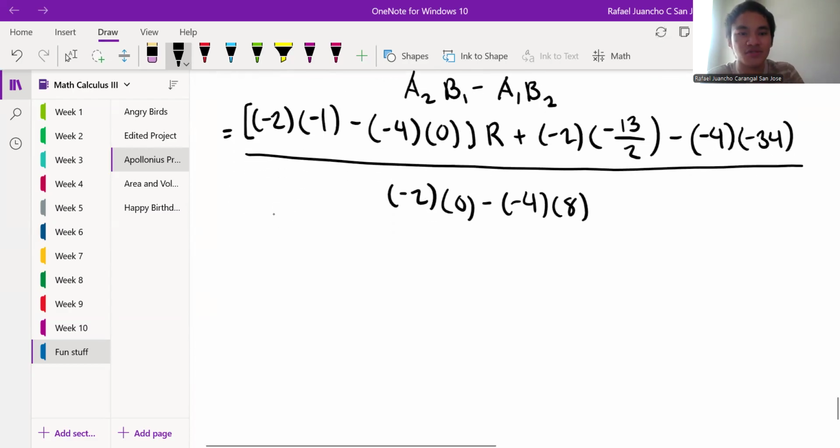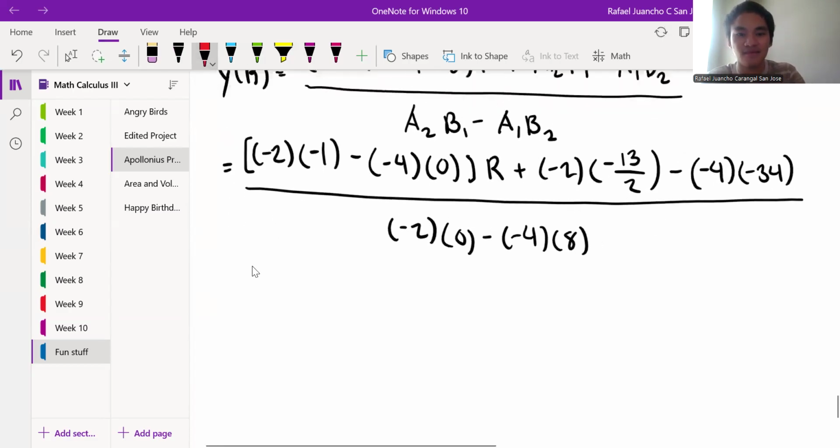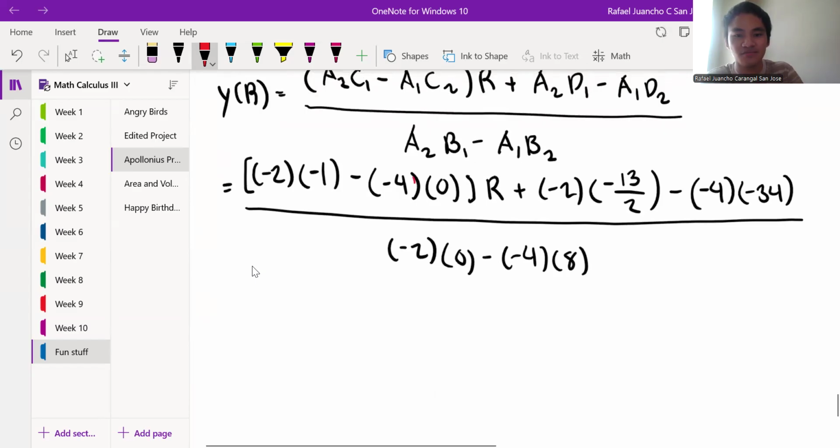So let me just quickly solve these. Well, this becomes nothing. This becomes nothing. What else? This becomes 2. This becomes 13.